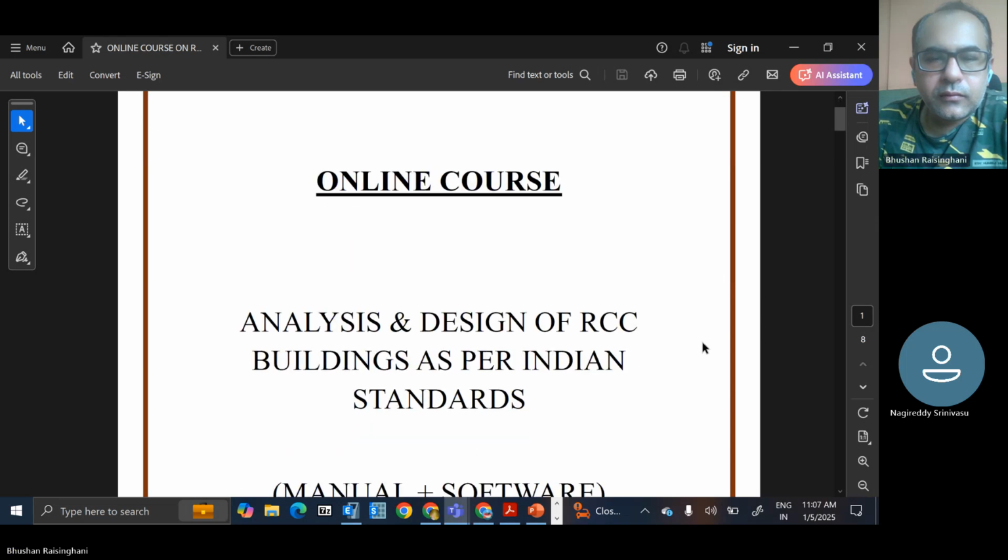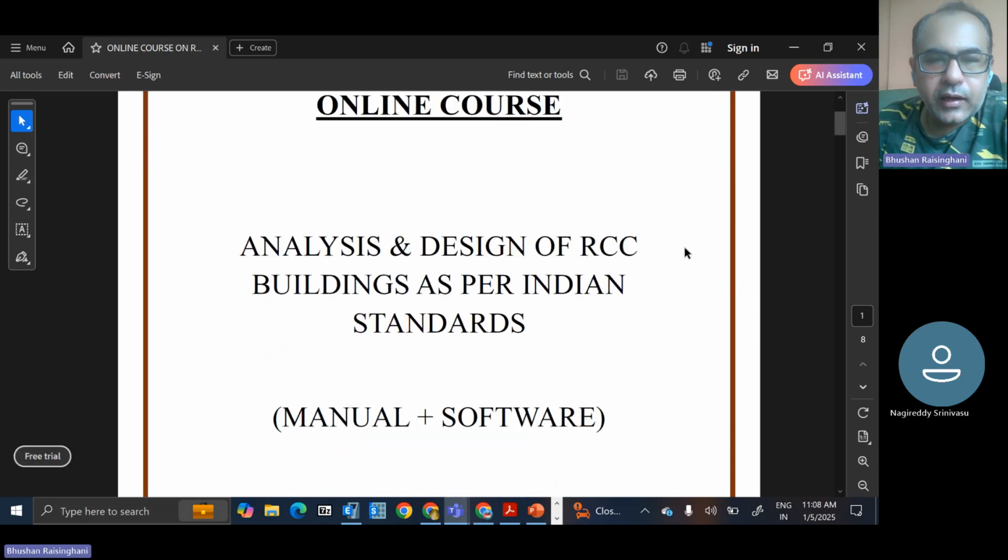The title of the course is Analysis and Design of RCC Buildings as per Indian Standards. Indian standards have been specifically mentioned because the inferences from other codes have been taken into Indian standards.